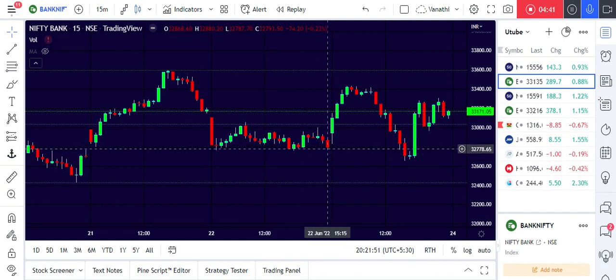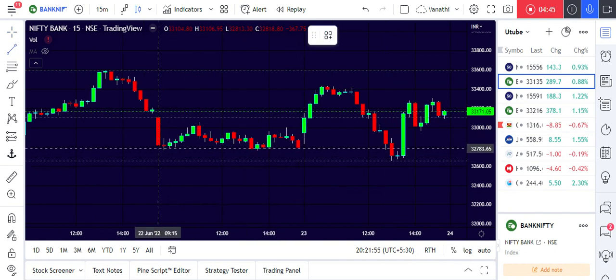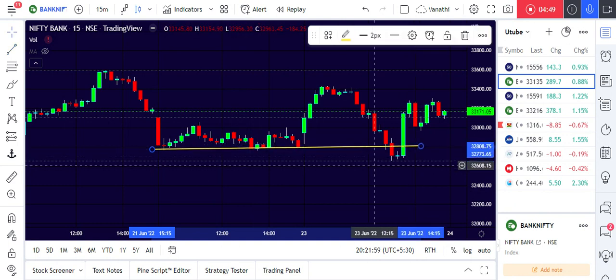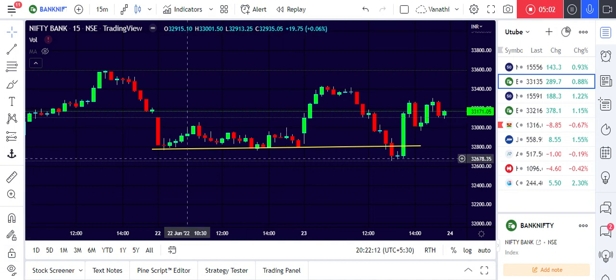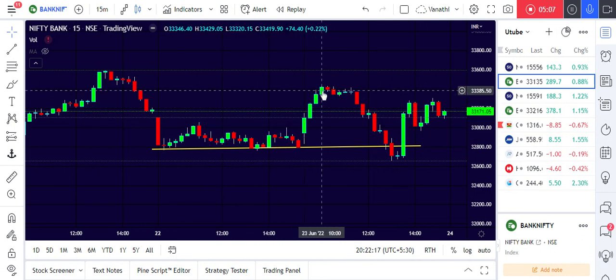So my plan was, if the price took support around 32,800, then I can expect the target around 33,000, because around 33,000 there will also be some resistance. Beyond that, if it sustains 33,000, then it will move towards 33,360 and 33,420. I shared that in my group also.